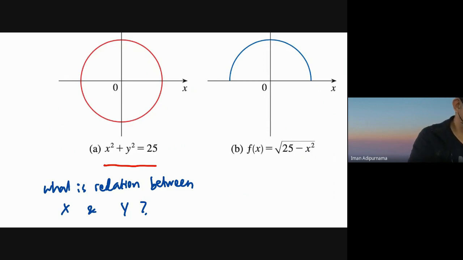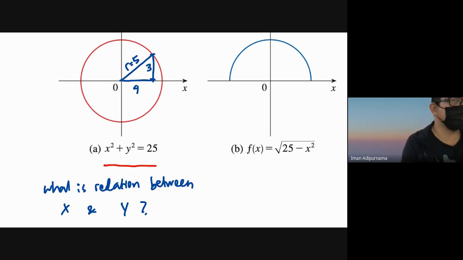Like, for example, if this is x here, when x is equal to 4, y equals 3, and then you get the radius equal to 5, right? You get that in every circle. So x and y are just a point of coordinates. It doesn't mean that x and y have a relation, right?